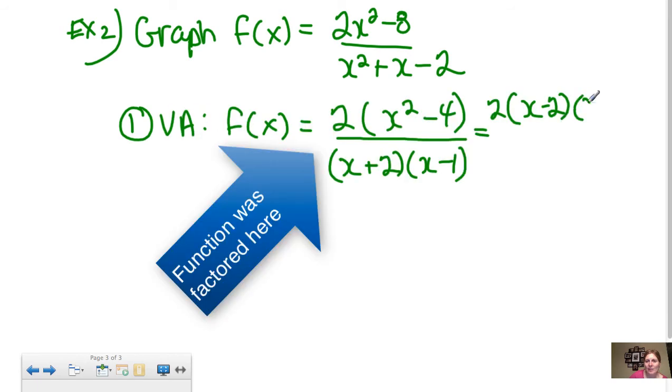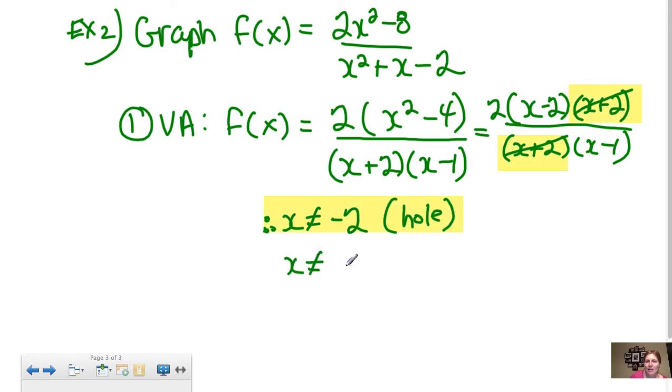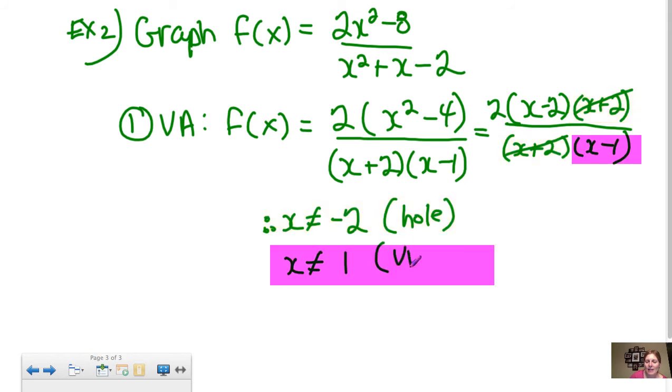A difference of squares going on here: x minus 2, x plus 2, and x plus 2, x minus 1. Once it's in factored form, now I can determine what the restrictions are on x. So therefore, I know that x can't equal negative 2, but this is going to be a hole. And x can also not equal positive 1, and that's going to be a vertical asymptote. All right, so that's part of my fences.